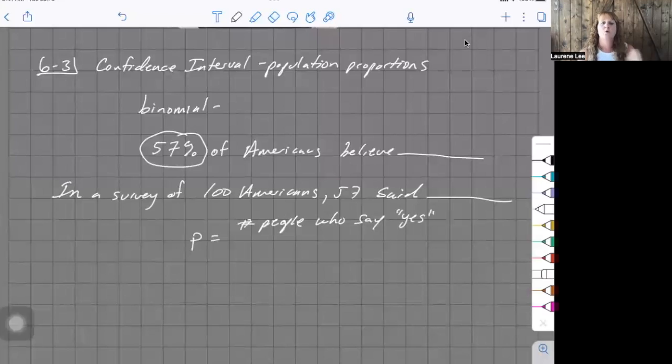Or you can make P always be the yes answer. It doesn't really matter as long as you keep it straight in your problem what you decided was what. So typically whatever we're talking about in the problem, I just make that the P value, whether that's a yes or a no. So it's the number of people who say yes to your question over the sample.